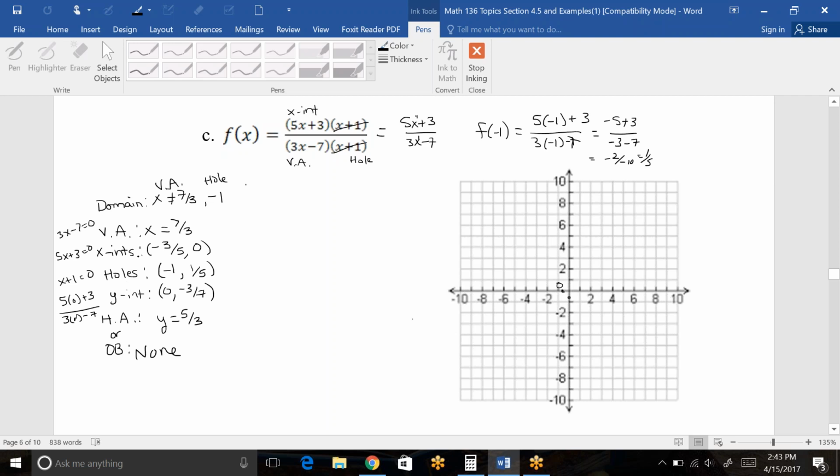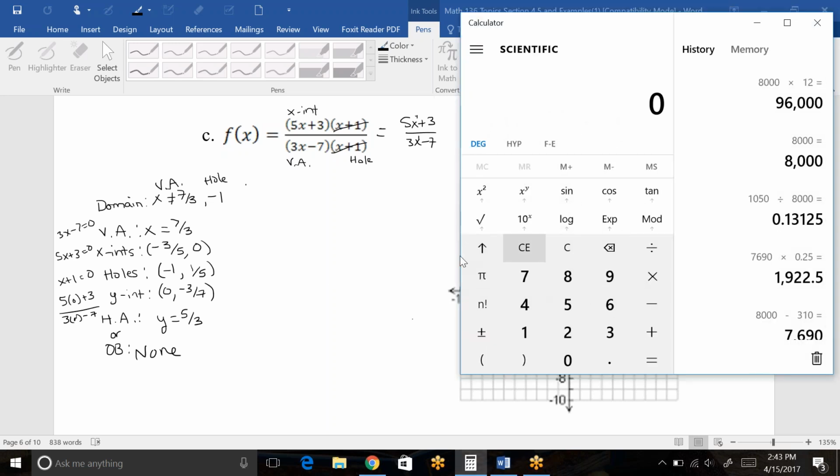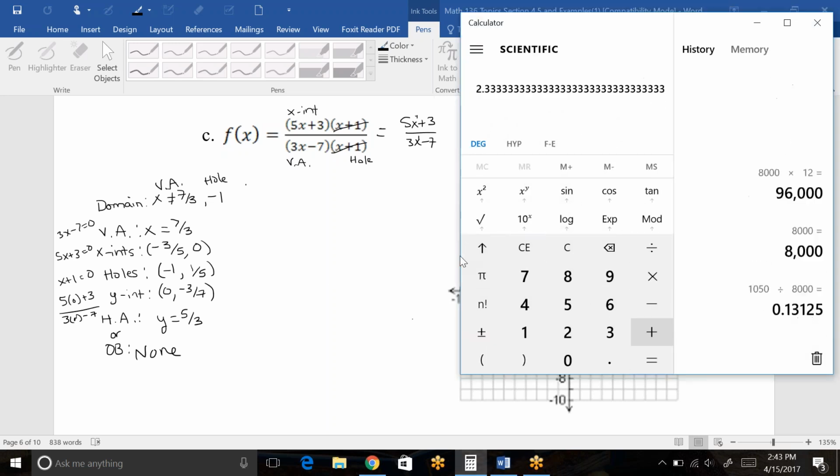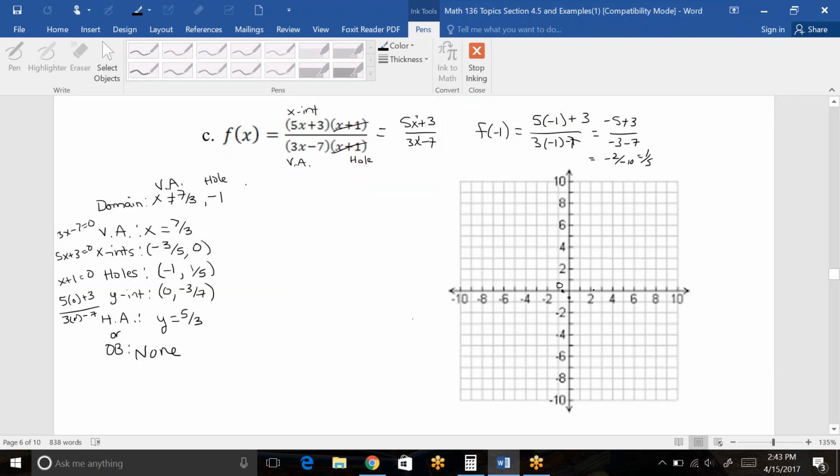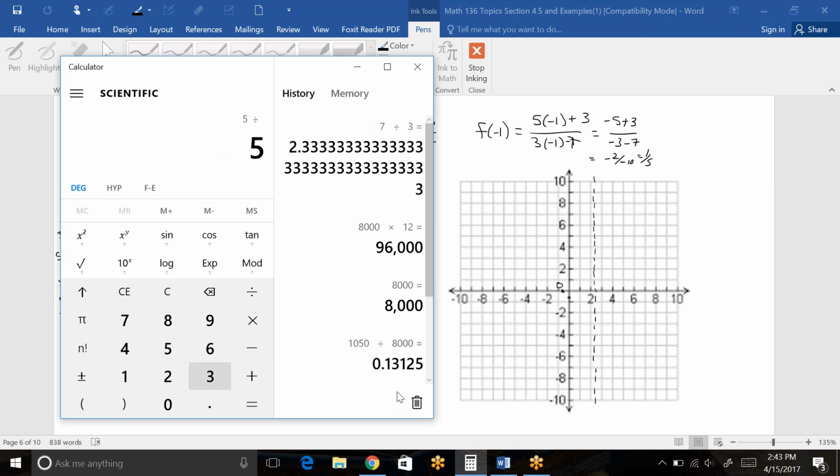Our vertical asymptote is 7/3, so you'll probably want to divide that to get a rough estimate of where that is, which is about 2.3 repeating. So at 2.3 on the x-axis, we will draw a dashed vertical line. And our horizontal asymptote is 5/3, which will be 1.6, I believe.